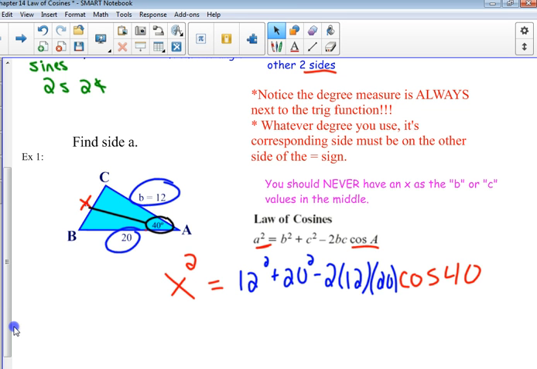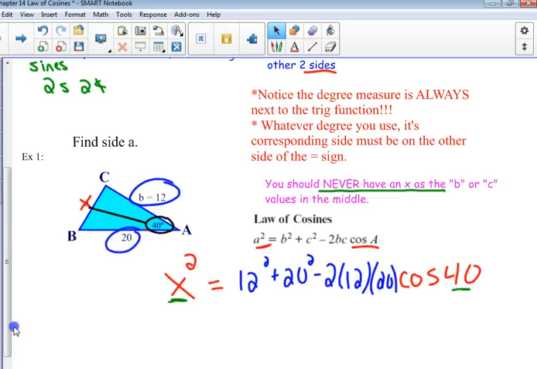Now, once you set this up, the most important thing is that the way it's set up is correct. Our X should always be over here or as the angle. You should never have an X in the middle. If your X is somewhere in here, you did something wrong. You drew your picture wrong.